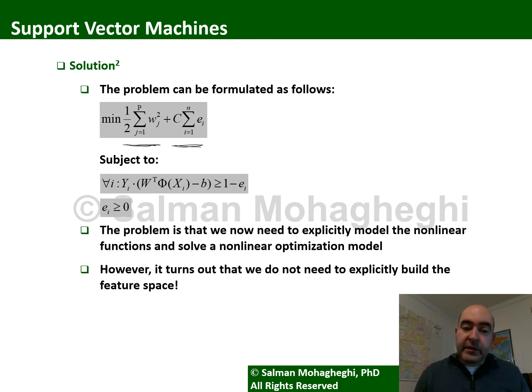The only difference that you probably observe here is that instead of saying yi times the inner product of w and x minus b is greater than 1 minus error, I'm saying yi times the inner product of w and phi of x of i, meaning that x of i is transformed, minus b is going to be greater than 1 minus error.